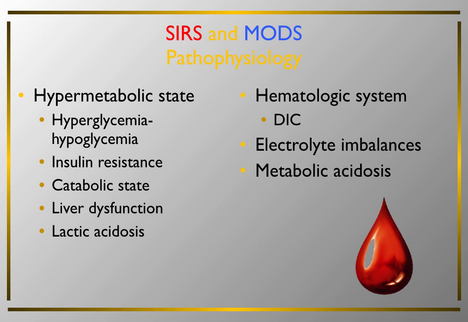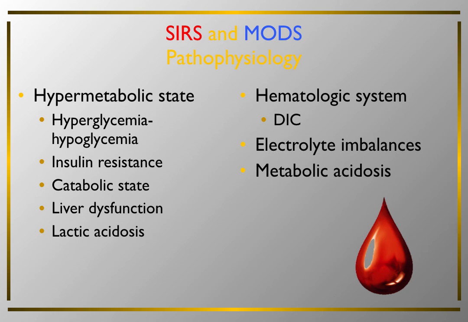DIC causes simultaneous microvascular clotting and bleeding caused by depletion of clotting factors and platelets, combined with excessive fibrinolysis. Electrolyte imbalances are common and result from hormonal and metabolic changes as well as fluid shifts. These changes exacerbate mental status changes, neuromuscular dysfunction, and dysrhythmias.